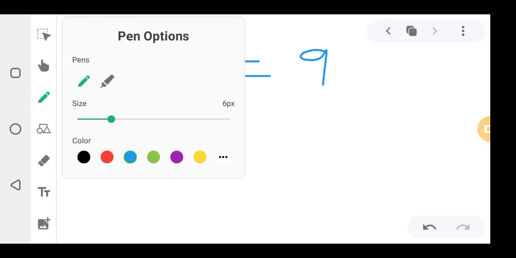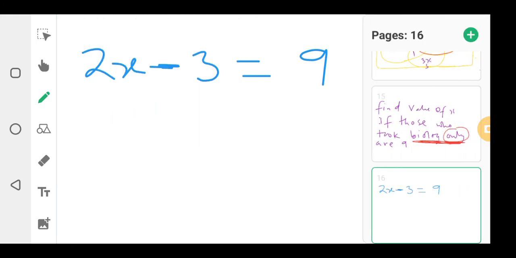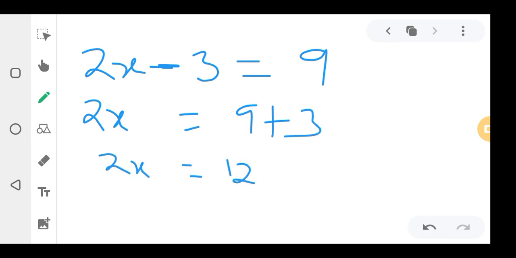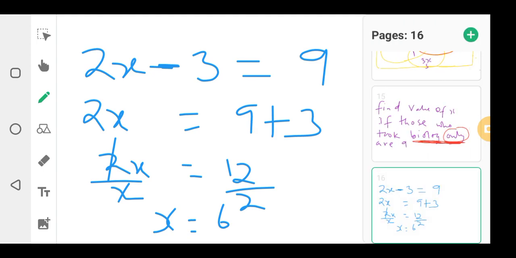So you're trying to find the value of x. And then you say 2x is equal to 9 plus 3, that is 2x is equal to 12. You divide by 2. x is going to be equal to 6. That's how you solve this type of question, guys.